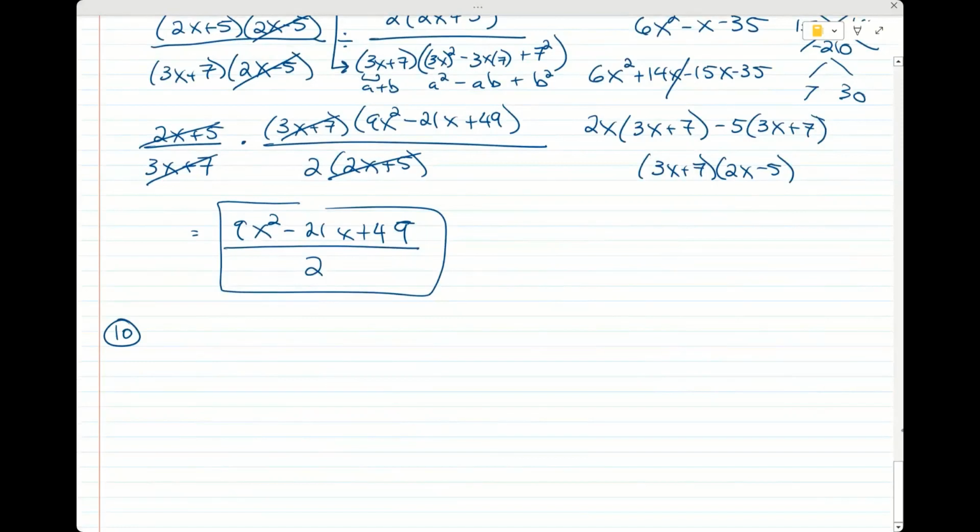For problem number 10, we are adding rational expressions. So we'll have a problem like this. 3x over x squared plus x minus 2 plus 2 divided by x squared minus 4x plus 3.